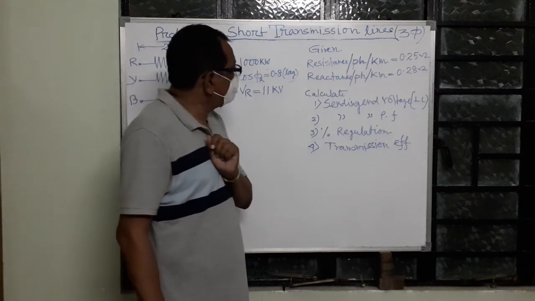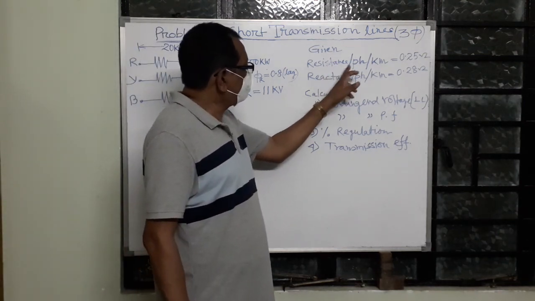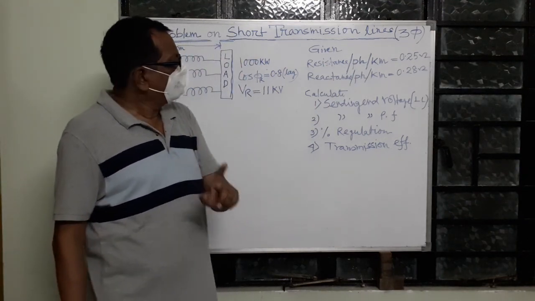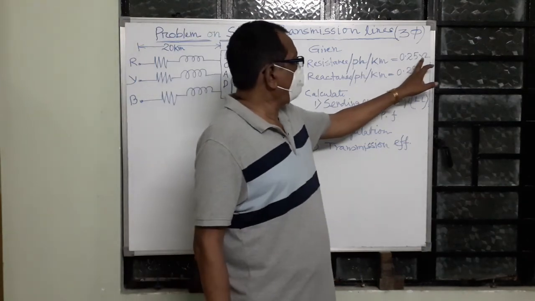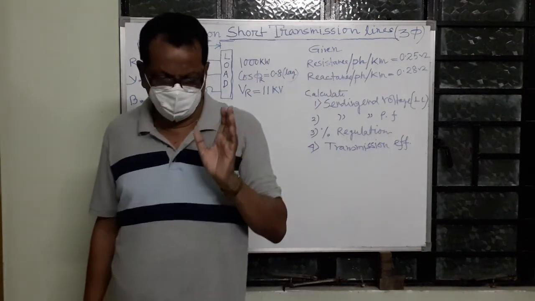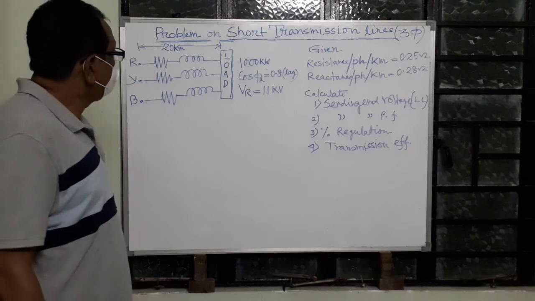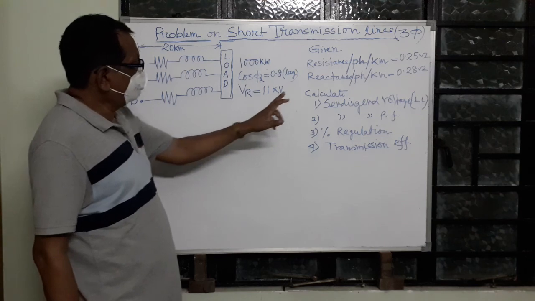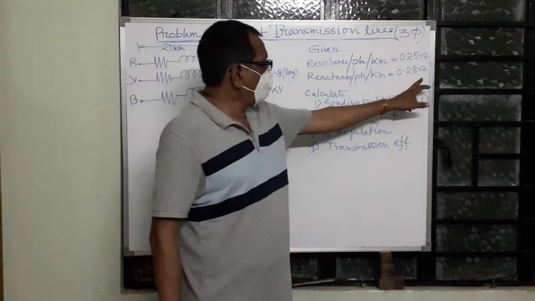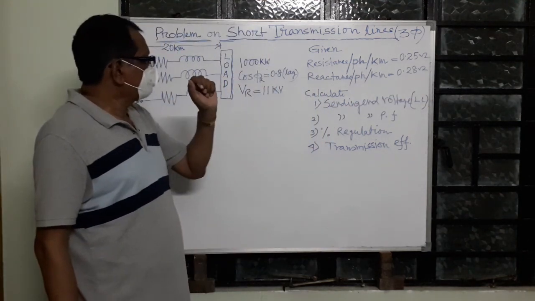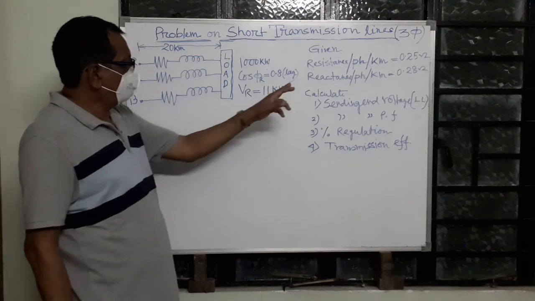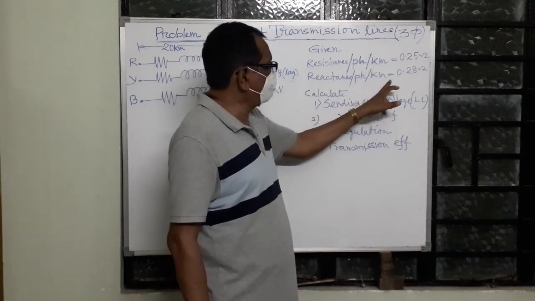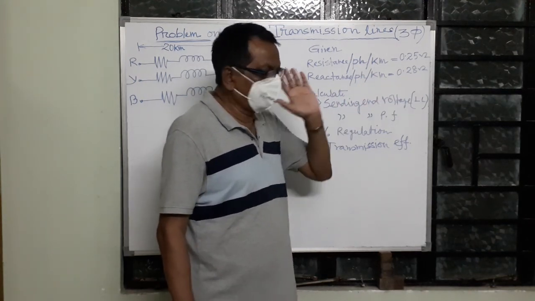I am writing here resistance per phase, that is each conductor resistance per kilometer, is 0.25 ohm, and given the reactance of each conductor is 0.28 ohm. I write here reactance per phase per kilometer is 0.28 ohm.